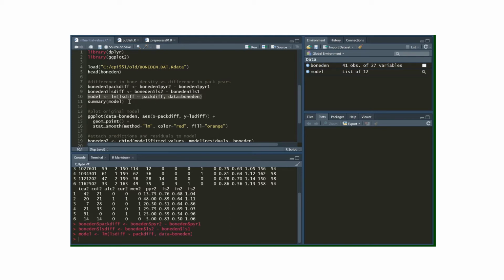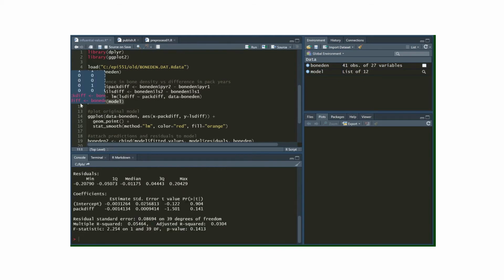Okay, and we look at the summary, and we see that the relationship is negative, that bone density goes down with smoking, but the p-value is not significant, it's 0.14. So, no evidence of relationship here.